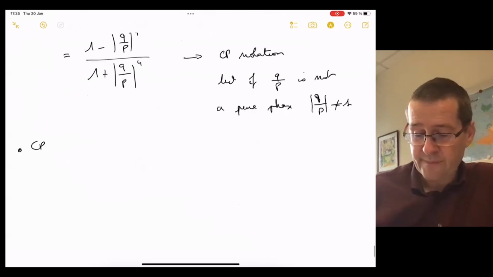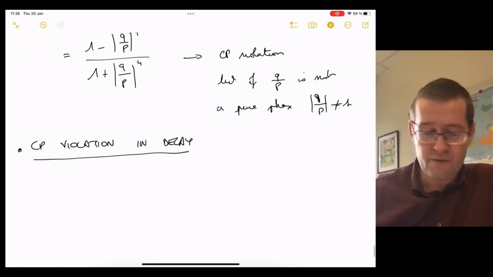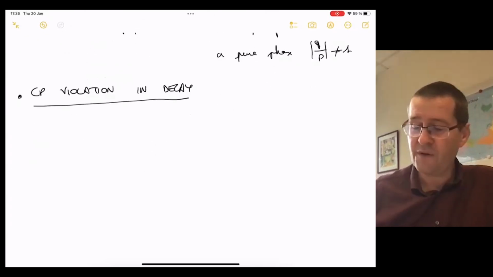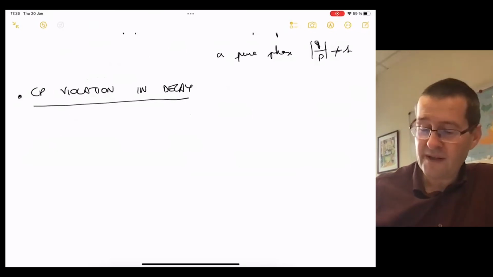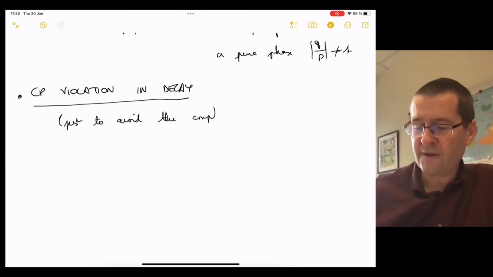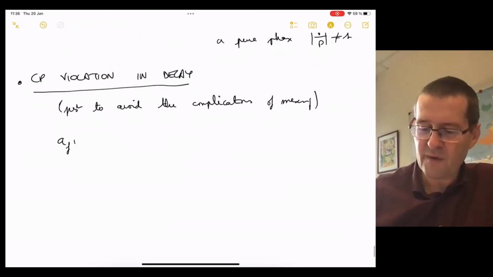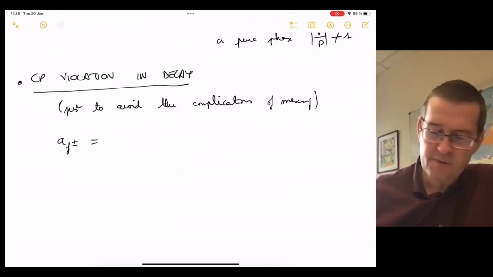The second possibility is CP violation in decay. So that's probably the one that would be the most natural. So here, for simplicity, to avoid the complications of mixing, in principle you could think of doing the same, but I will do the same with a neutral meson afterwards.